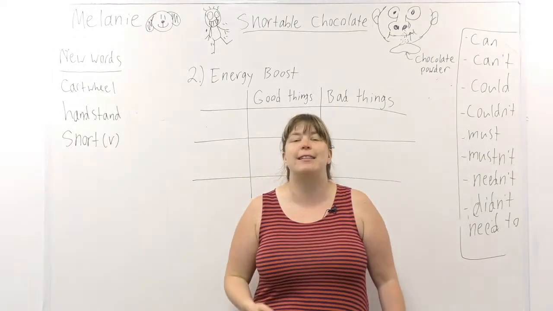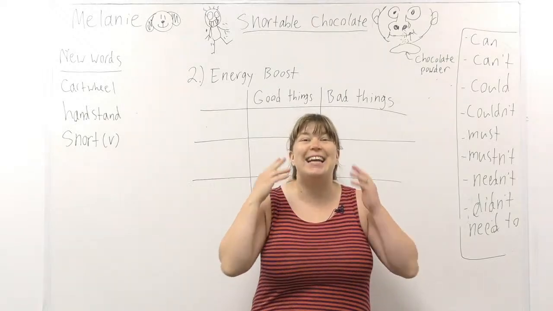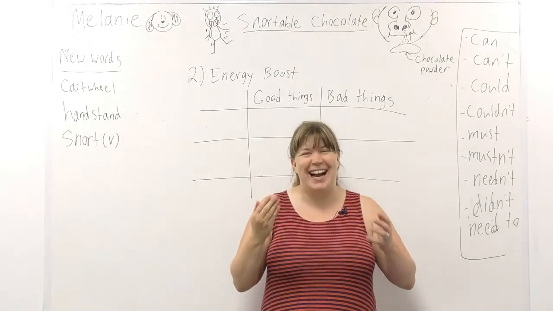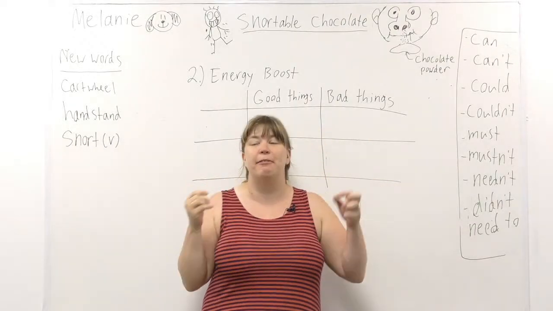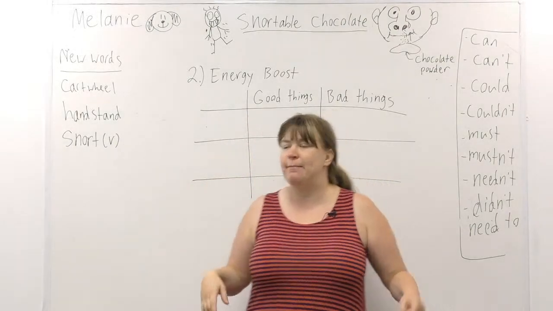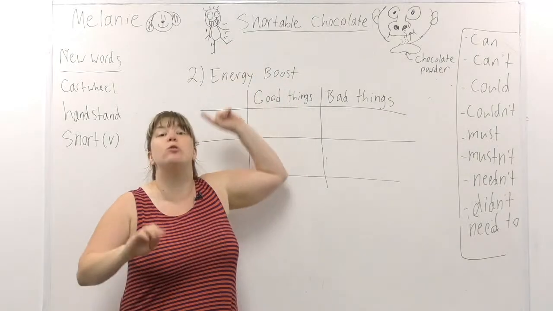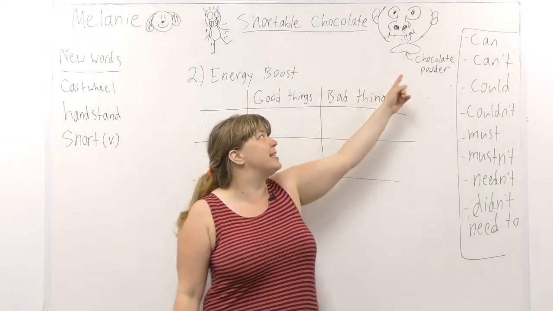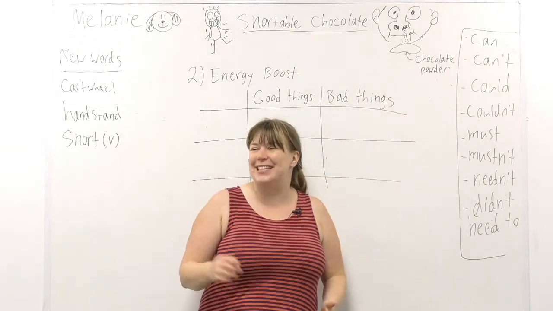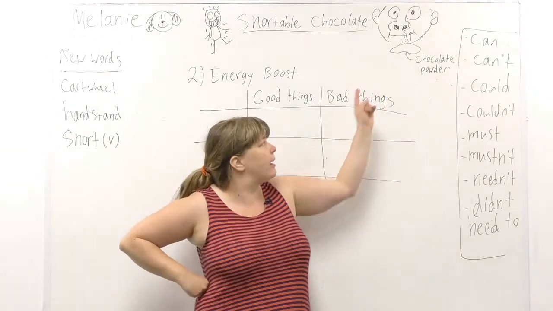So it sounds like this. That is snorting. It's very kind of loud, unpleasant. It's an aggressive sniff. So essentially, snortable, that means you can snort it. Snortable chocolate. So this is going to be a very interesting listening exercise.